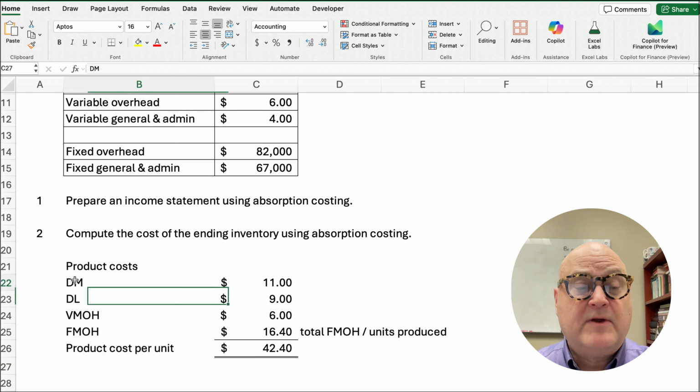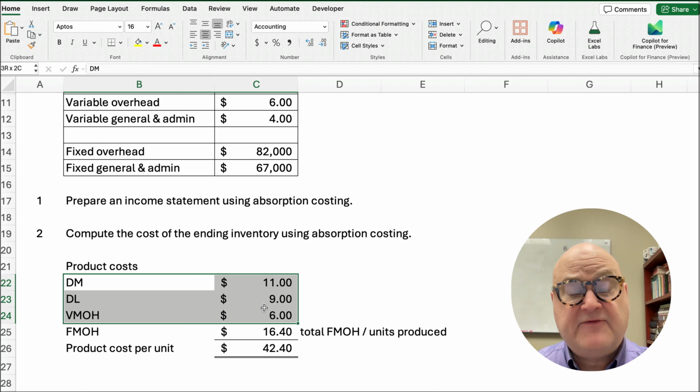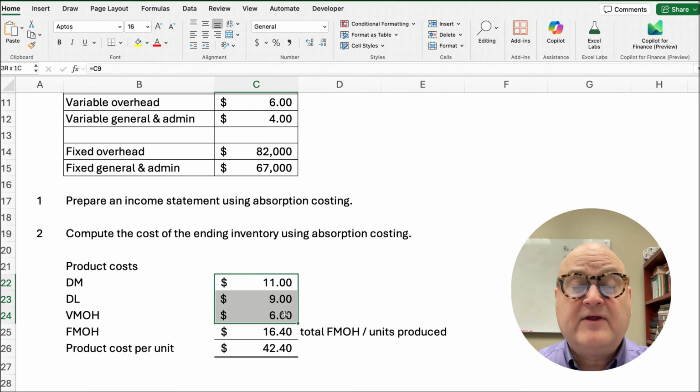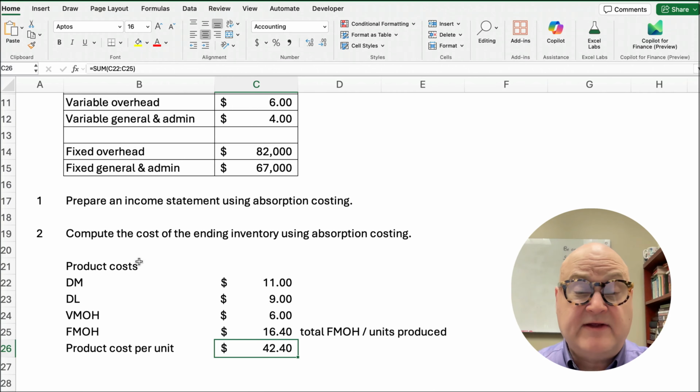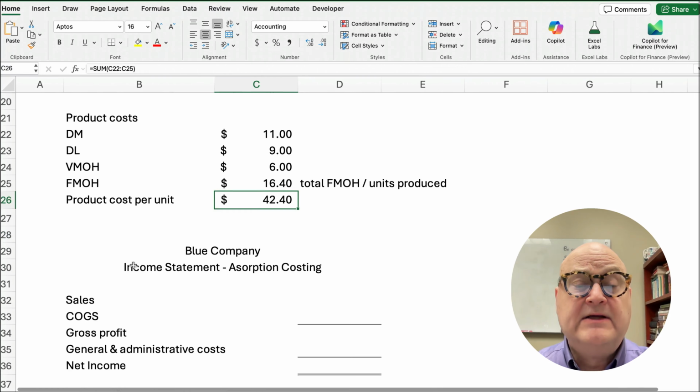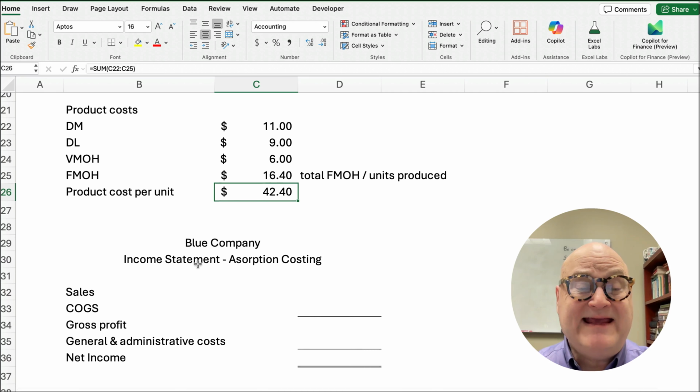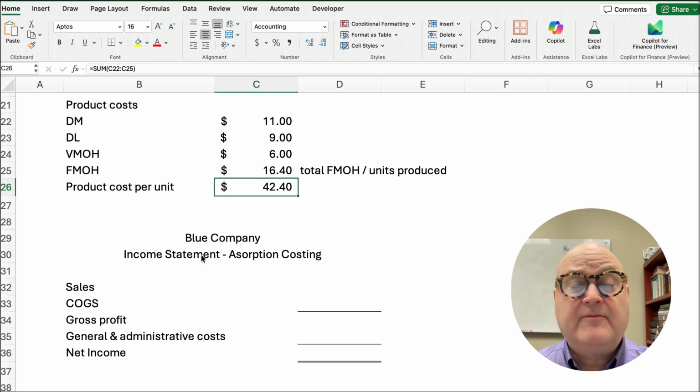Remember, in our previous video we only did variable cost, so it's only the cost of these three, which is $26. If we have fixed MOH, then it becomes $42.40.